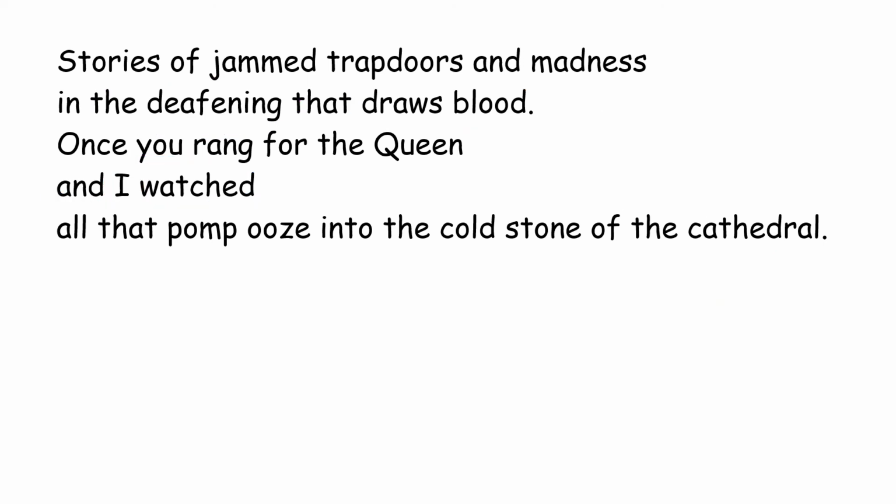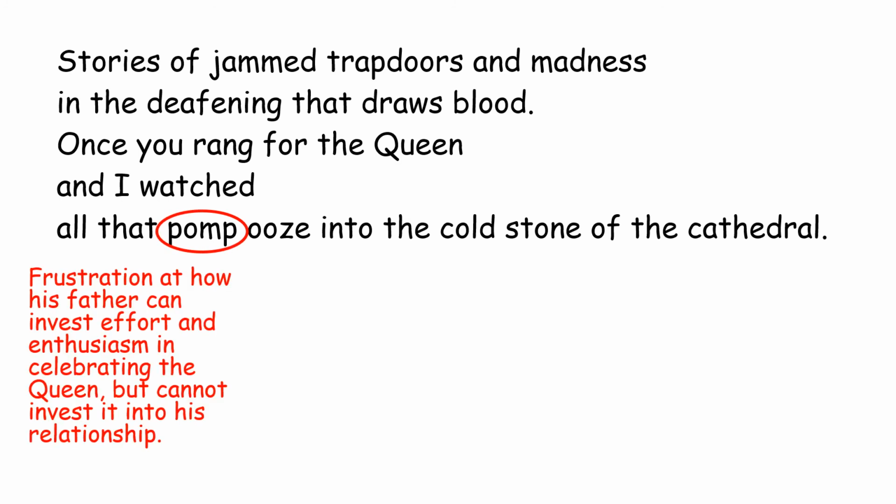The final line of the stanza says, "All that pomp ooze into the cold stone of the cathedral." The word pomp here could show the frustration from the son at how his father can invest effort and enthusiasm in celebrating the queen through his bell ringing, but he cannot invest it into his relationship.